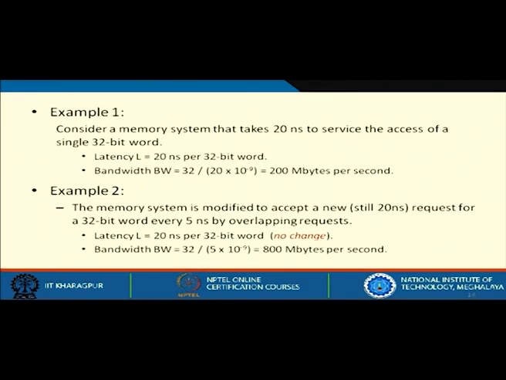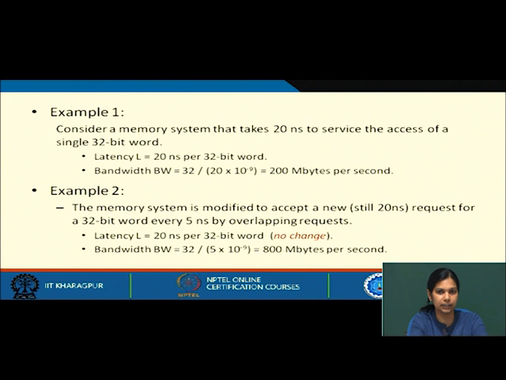So, how can we change this? The latency will still be 20 nanoseconds per word, so there is no change there, but now the bandwidth can be increased, because after every 5 nanoseconds the next word is available. So, it is 32 divided by 5 into 10 to the power minus 9, which comes down to 800 megabytes per second.